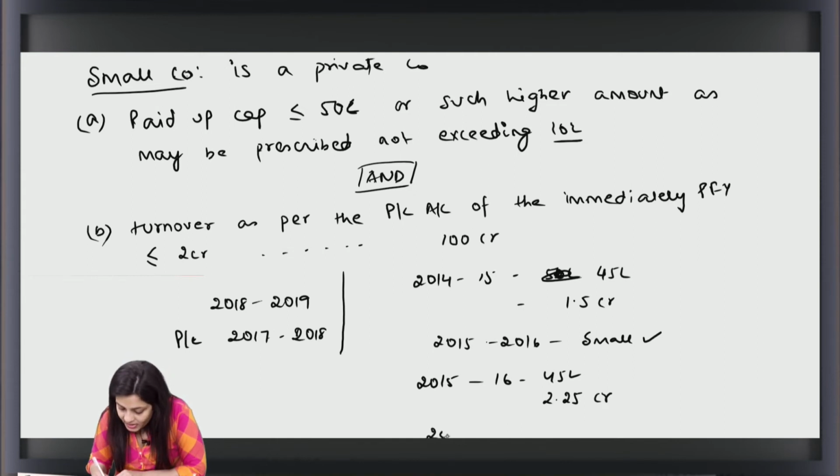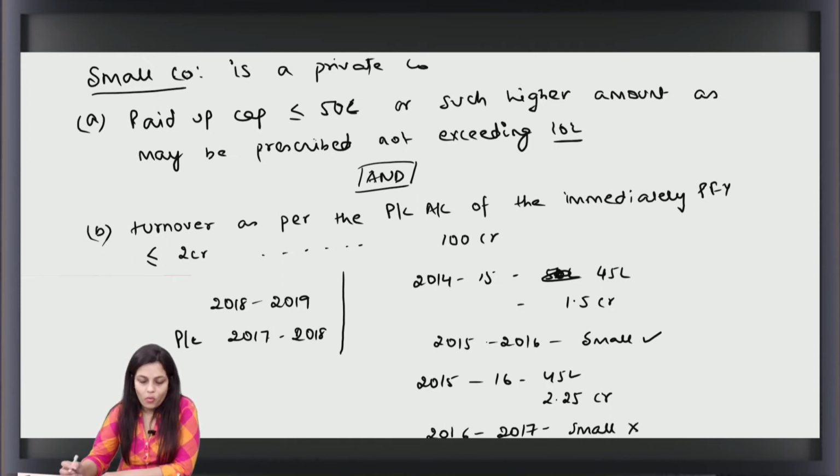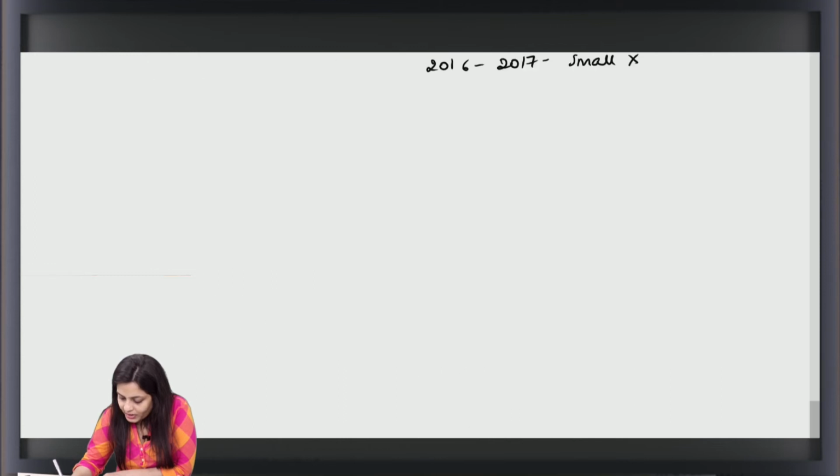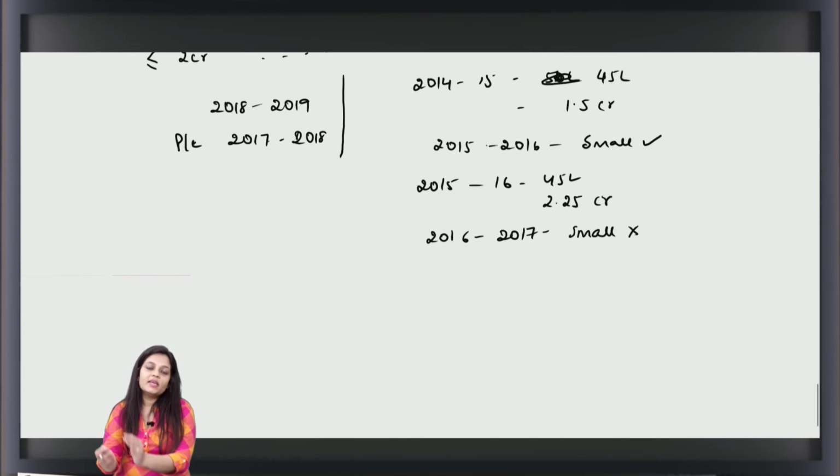So can we say in the year 2016-17, 2015-16 it's a small company, but in the year 2016-17 is it still a small company? No, it is no longer a small company. So the status of small company also changes from year to year. We will always look to the previous year and decide whether it's a small company or not. I hope it is clear to everyone.